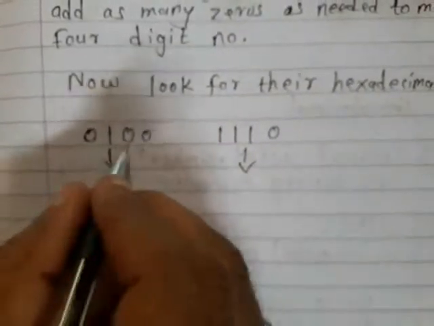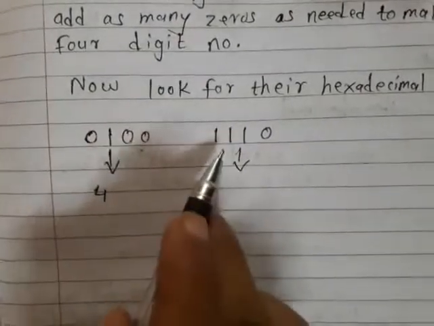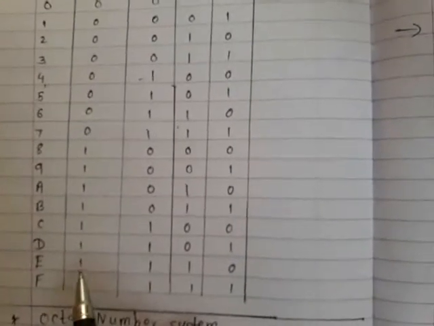In which group? 0100 is in fourth group. So I have written here 4. Now see 1110. Where is it? Now see, it is in E group. 1110. It is in E group. So I will write here E.